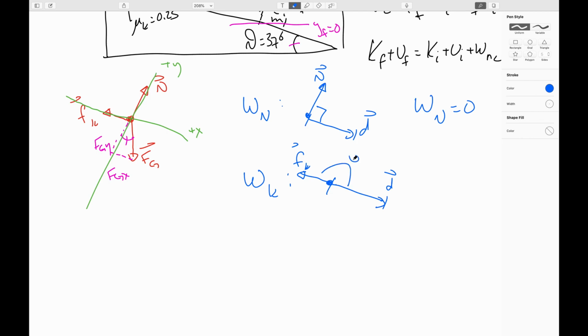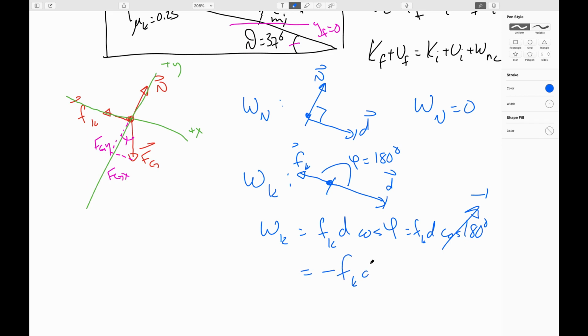So the angle here, phi, is 180 degrees. So our first step will be to say that the work done by kinetic friction will be equal to the force of kinetic friction times the displacement times cosine phi. And cosine of 180 degrees is -1. So we can write that as minus fkd.